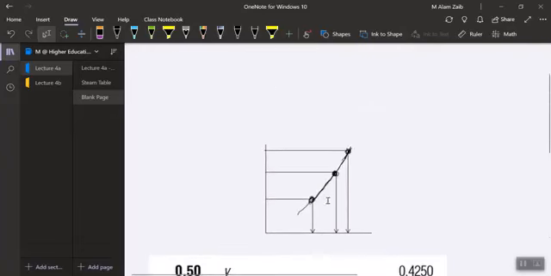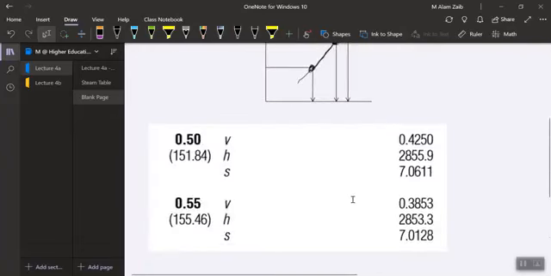Let me paste it in a new page. So what we have got over here is a pressure of 0.5 and a pressure of 0.55, corresponding to a volume of 0.4250 and a volume of 0.3853 at a temperature of 200 degrees centigrade.